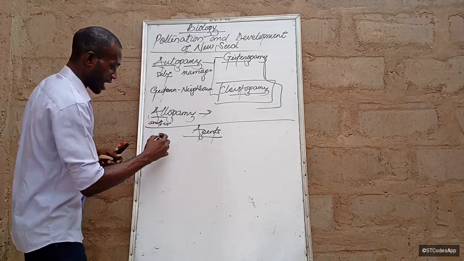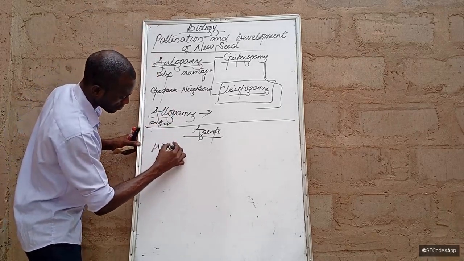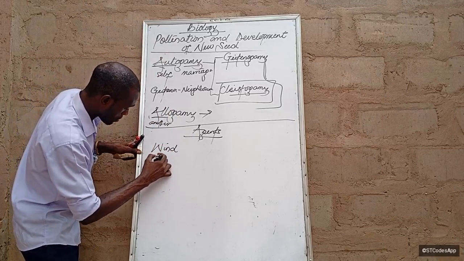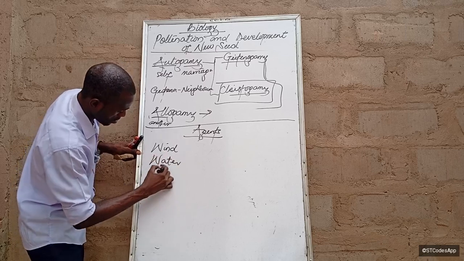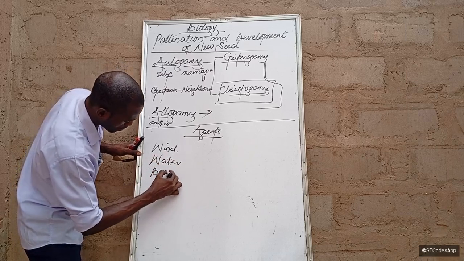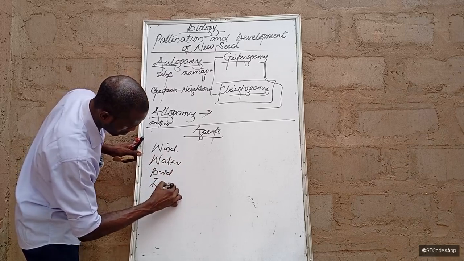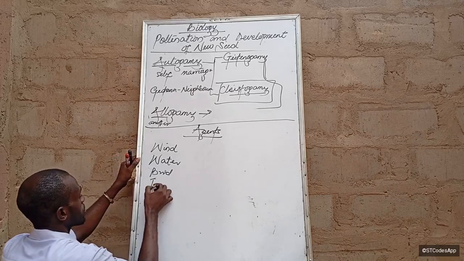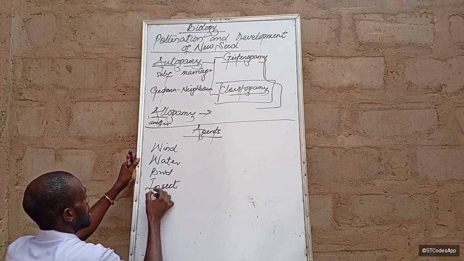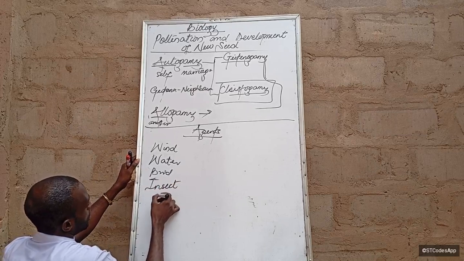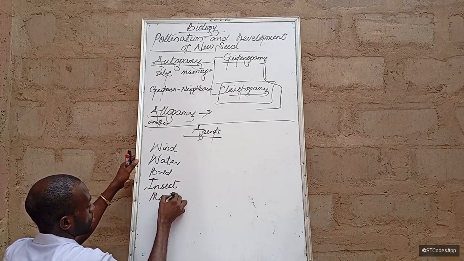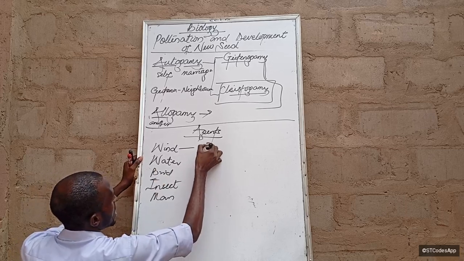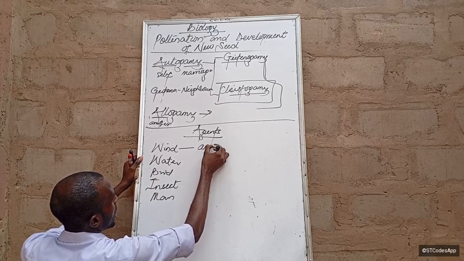So the agents of pollination are wind, water, bird, insects, and man. Wind-pollinated flowers are called anemophilous, from the word anemos, which means wind.